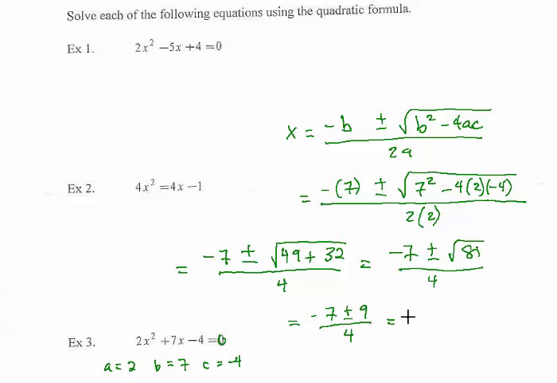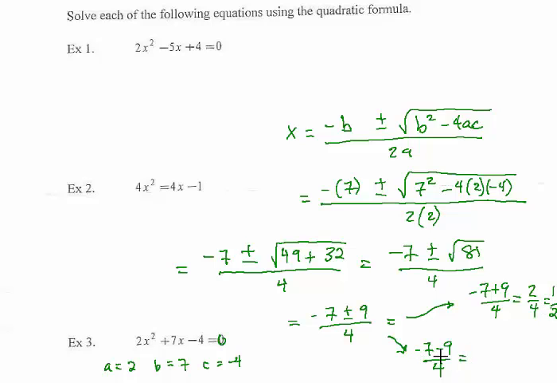And so if we want to separate this into the two different solutions, on one hand we'll have negative 7 plus 9 over 4. On the other we have negative 7 minus 9 over 4. Negative 7 plus 9 is a 2, and this works out to be 1/2.